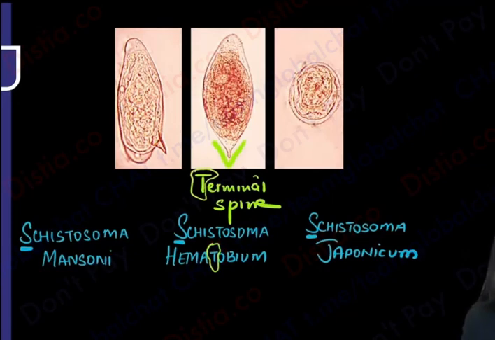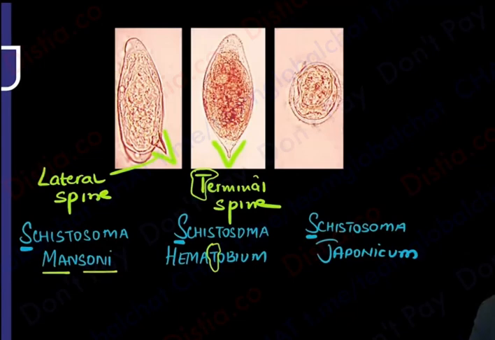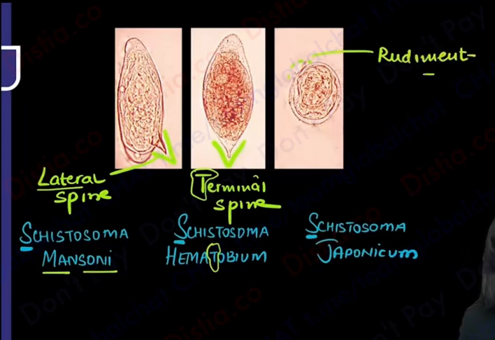One part of it is done. Where do you see this one? What is this? This is the lateral spine on the side. So I have learned that Schistosoma mansoni, man and soni, sleeping man, a man lying down. So laterally, a man lying down, that is mansoni with a lateral spine. And here you can hardly see a spine. So what I refer to this as is the rudimentary spine.